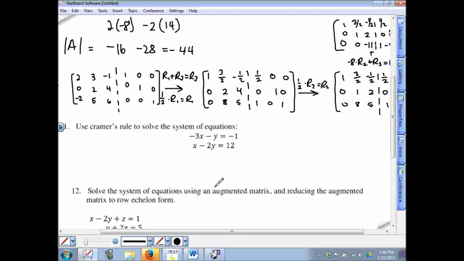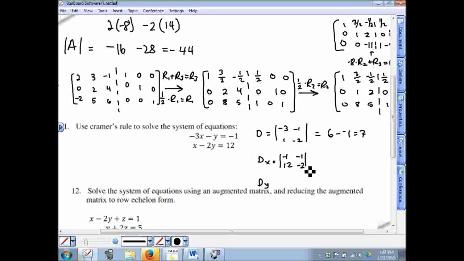Alright, using Cramer's rule here to solve the system of equations. Cramer's rule is using a bunch of determinants. If it's two equations with two variables, you need a D determinant, you need a D sub x, and you need a D sub y. Determinant D is just determinant of the coefficients. That's going to be 6 minus negative 1, 7. D sub x is the determinant where the x column has been replaced with these numbers negative 1 and 12.